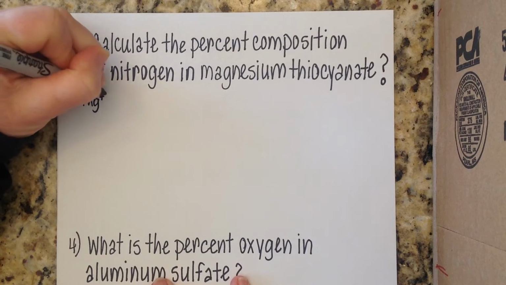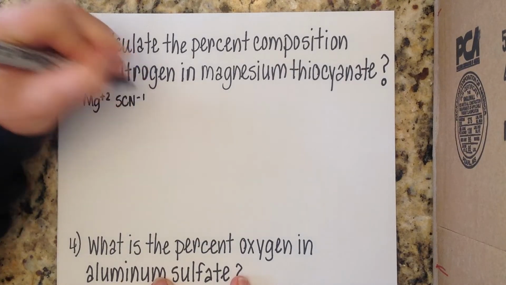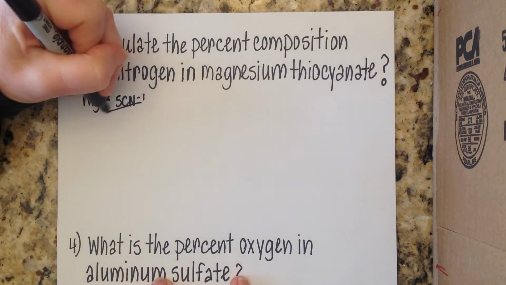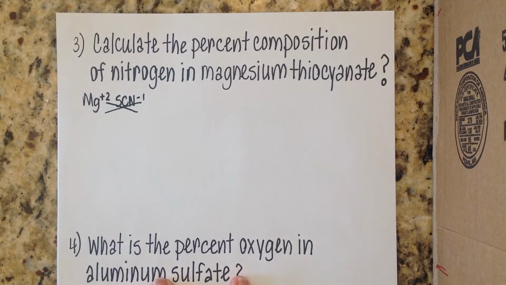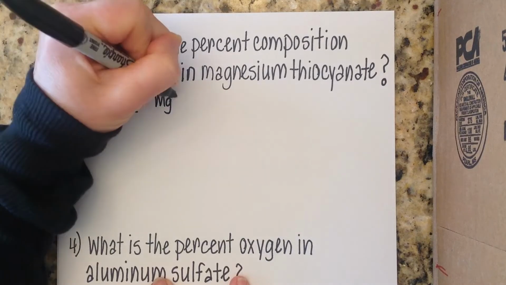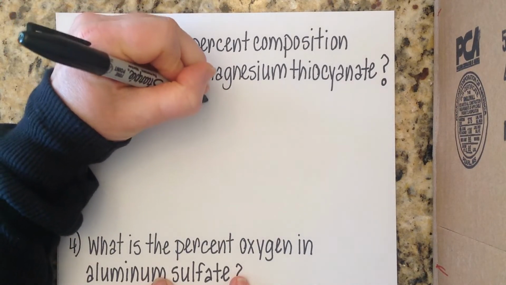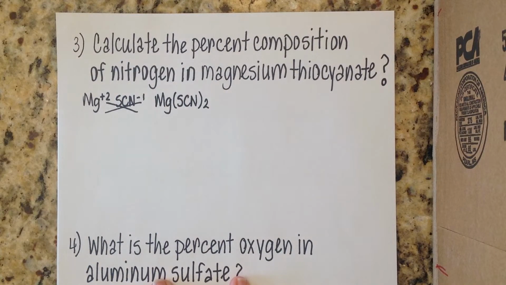Magnesium is a +2, thiocyanate is SCN -1. You will crisscross. I knew to do that again because it's ionic. So the compound is Mg(SCN)2. Very important I write that correctly because if I don't, my masses are going to be all over the place.